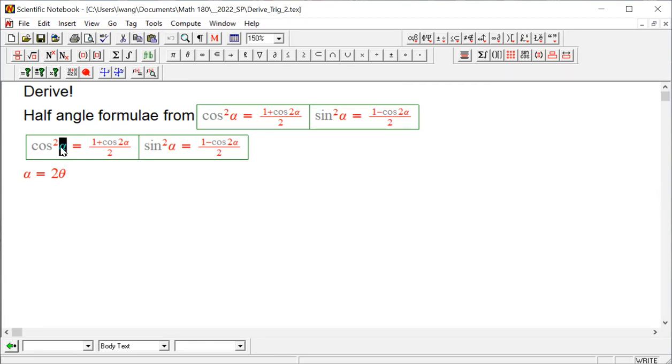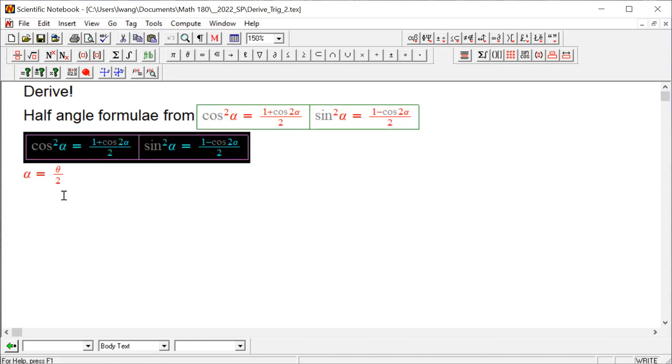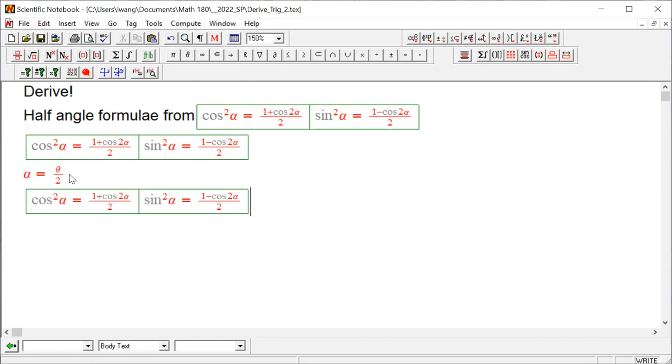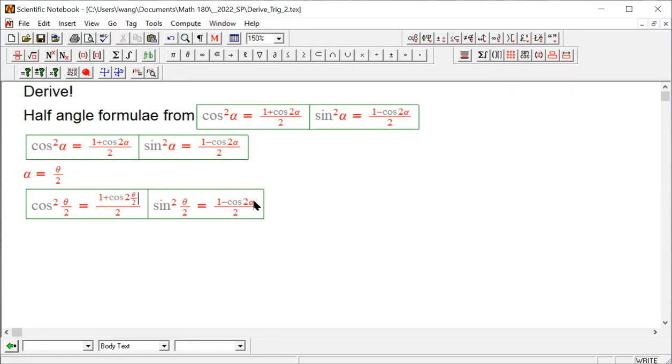I want this to be half angle. Let's do this. Okay, alpha equals theta divided by 2. So if alpha equals theta divided by 2, we're going to replace alpha by theta. All the alpha is replaced by theta. See that?